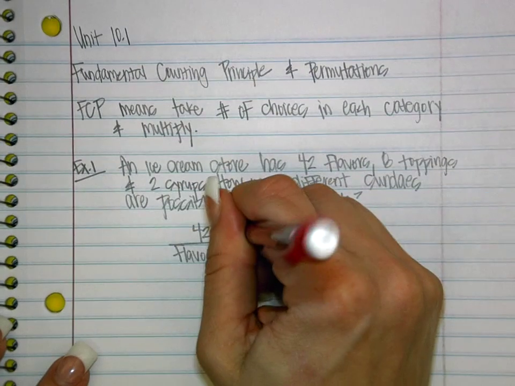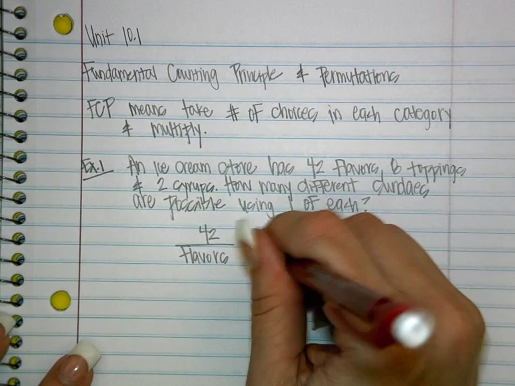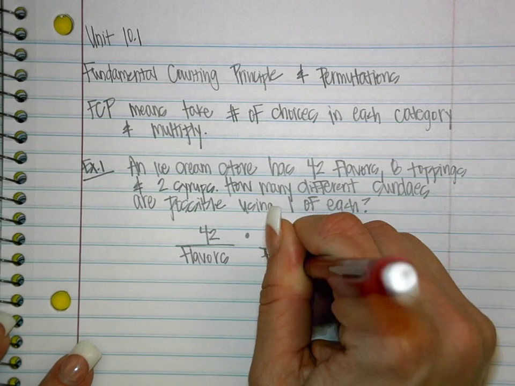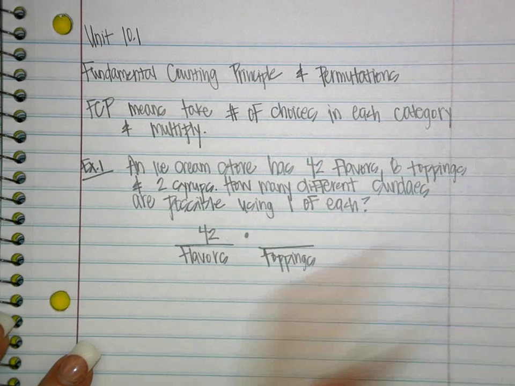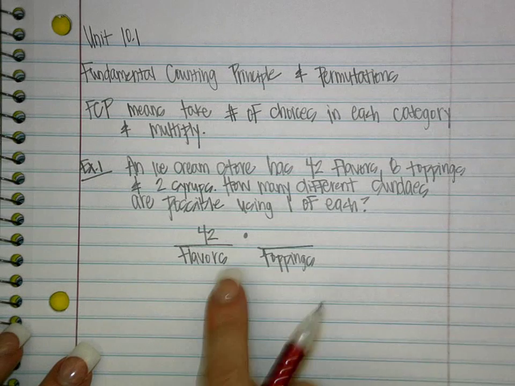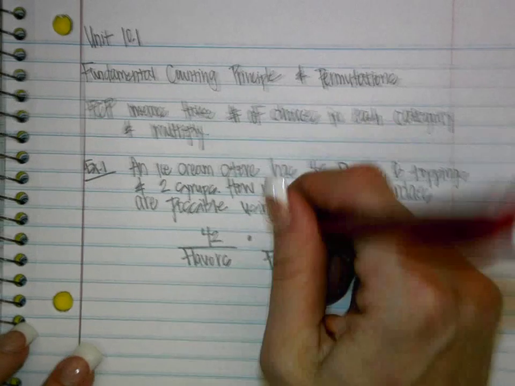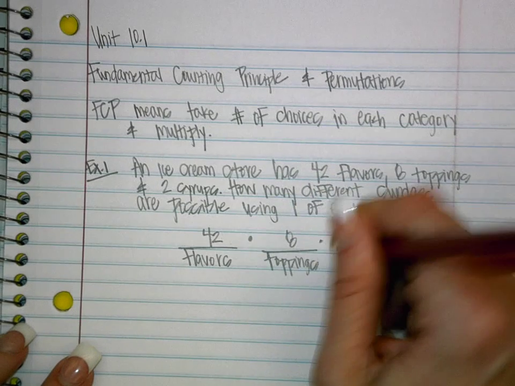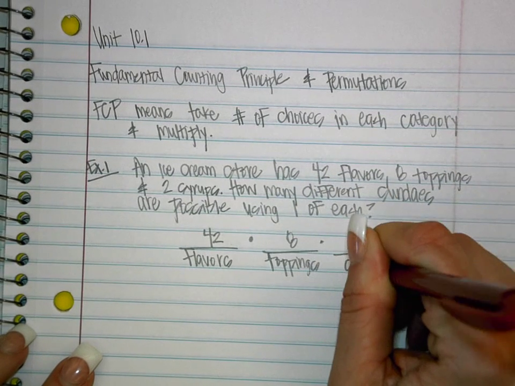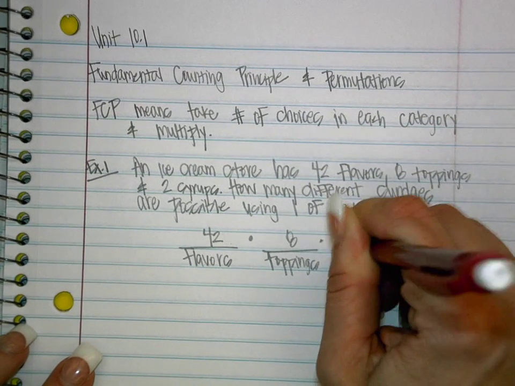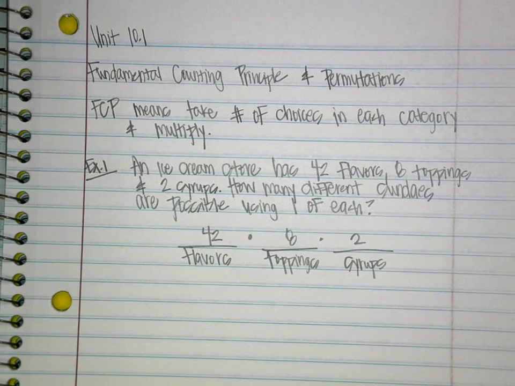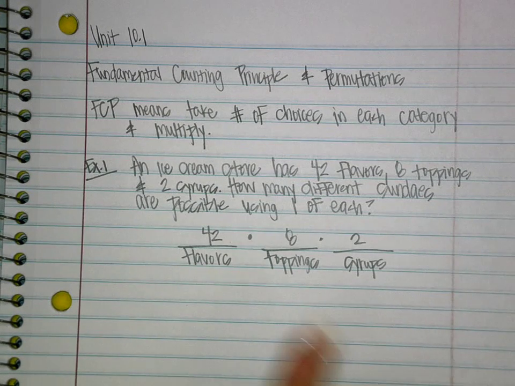By that, you are going to multiply by the number of toppings. And yes, I'm labeling this first example, but you're not going to have to write the labels underneath for all of these. So 42 flavors multiplied by 8 different toppings, multiplied by the number of syrups. And there are 2. Literally, to find out the number of combinations or the number of possibilities, you just multiply them together.